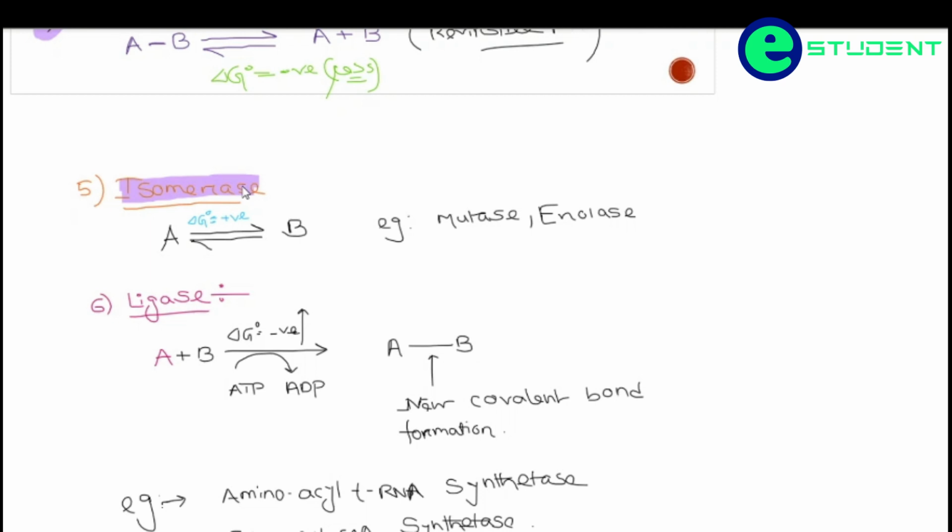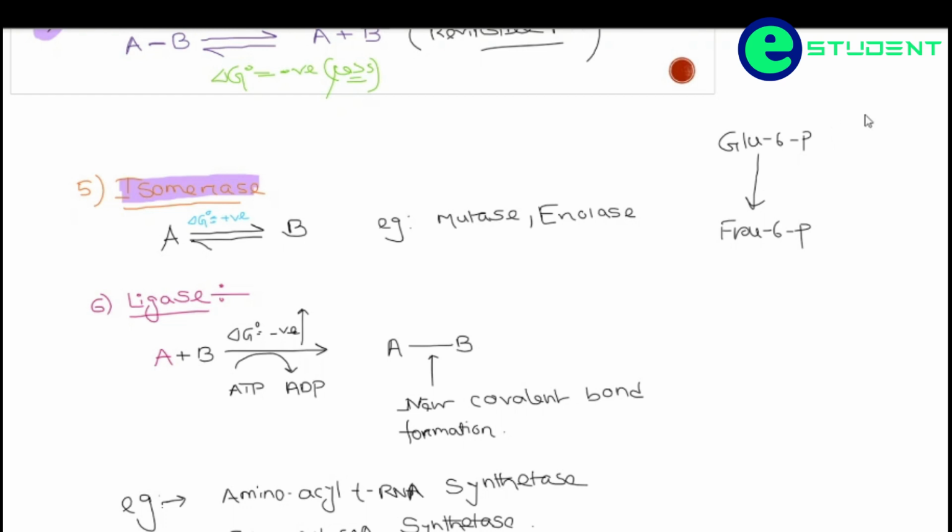If I give you an example, it will be clear. Glucose 6 phosphate is converted into fructose 6 phosphate, then there is just a conversion or transfer of an aldehyde group into a keto group.